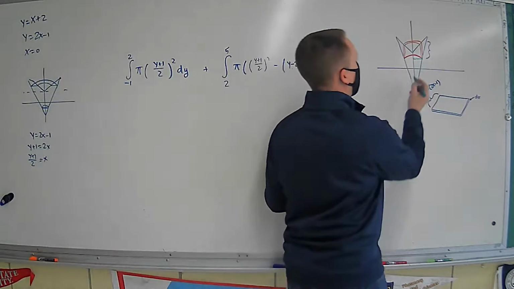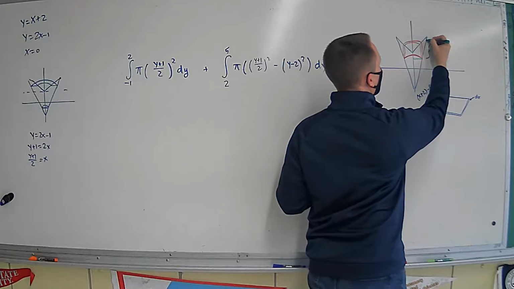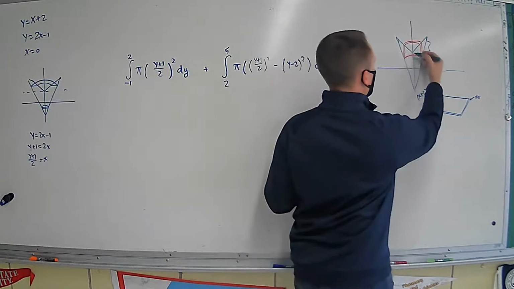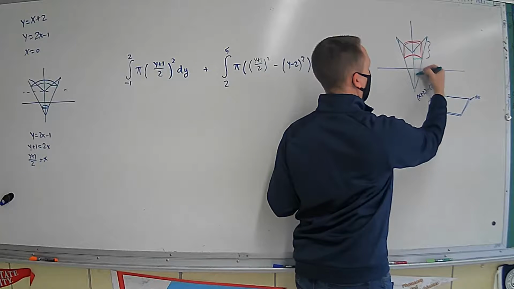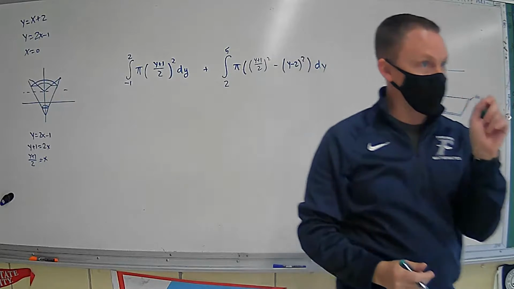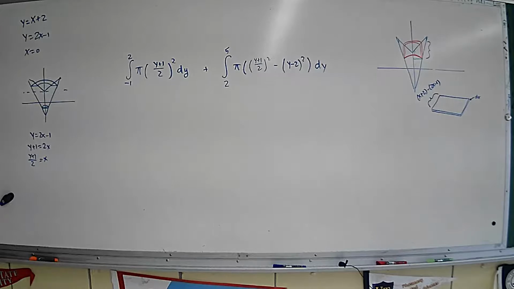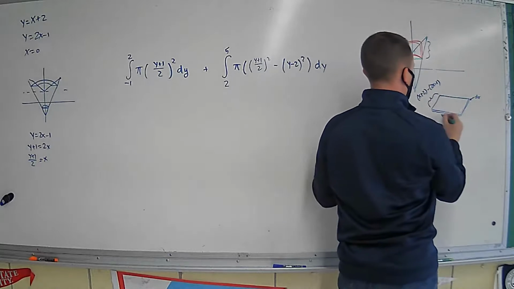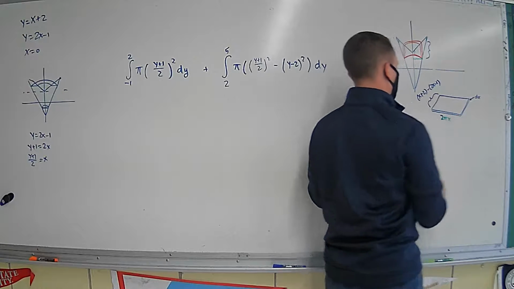If the tube is way up here, it's got a big radius, but it's not very tall. If the tube is down here for a smaller value of x, it's got a really small radius, but it's really tall. So the circumference of the tube is just 2 pi x.